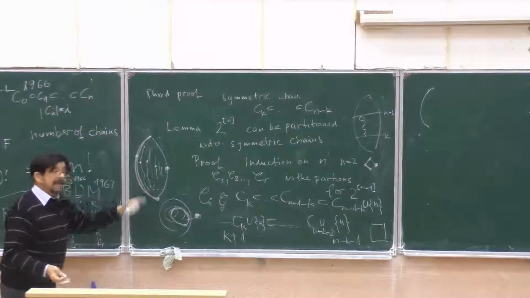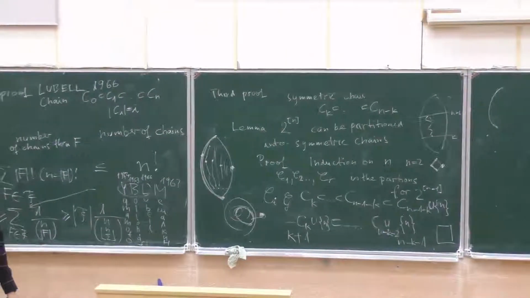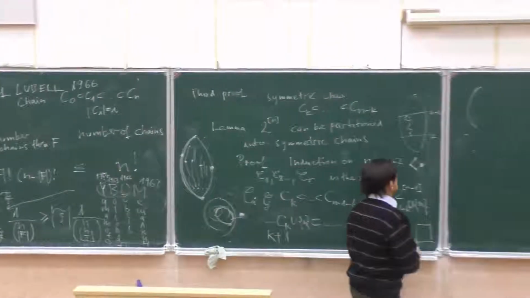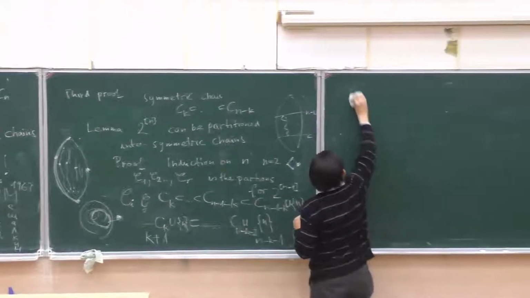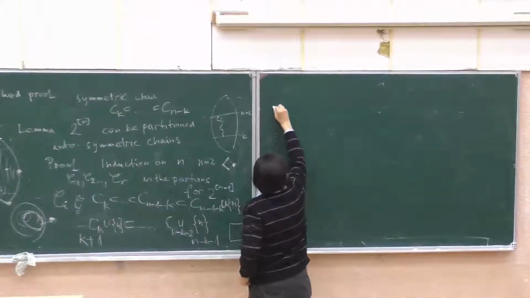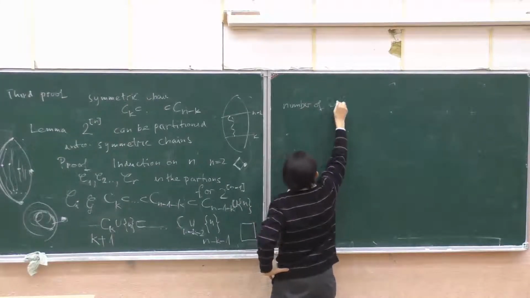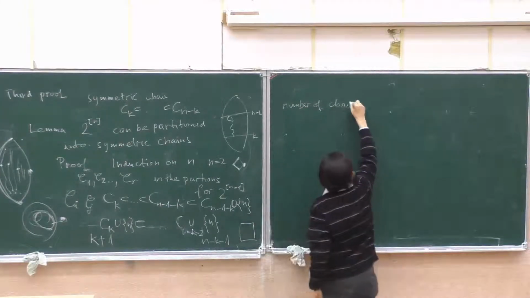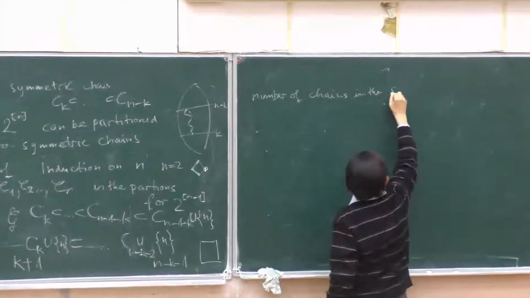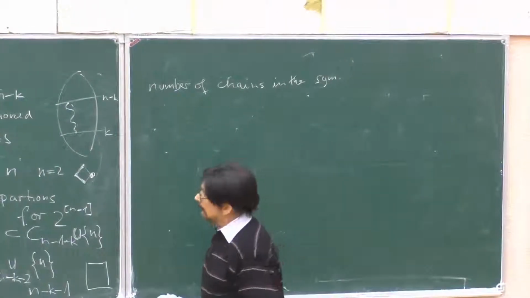So in each chain, we have only one element. And what is the number of chains in the symmetric chain partition?